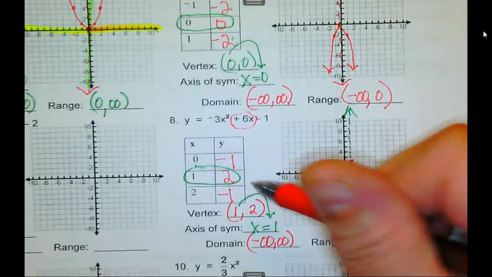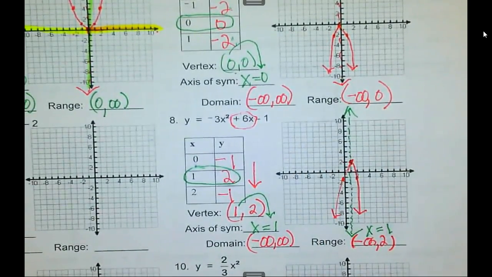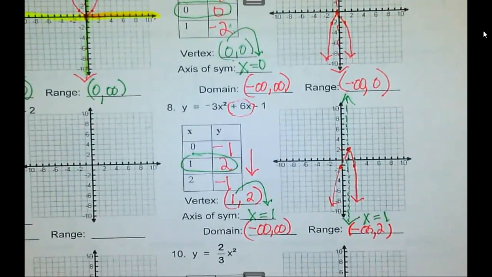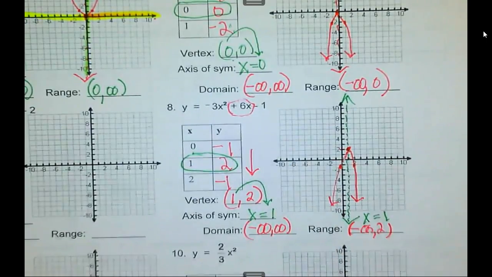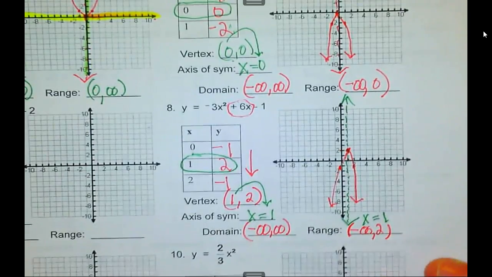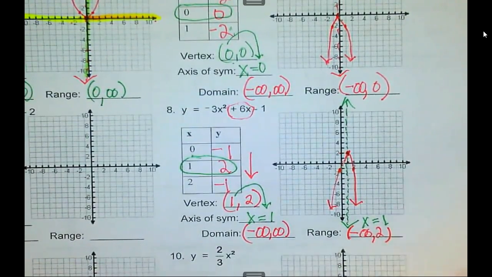Or it's the y value of my vertex. There's a lot of stuff you can get off of just points from a parabola. Are you guys copacetic?